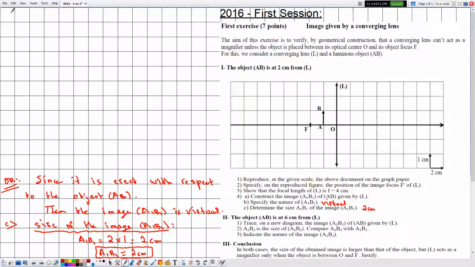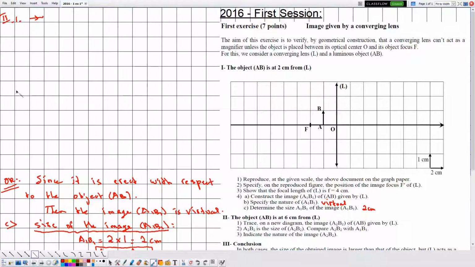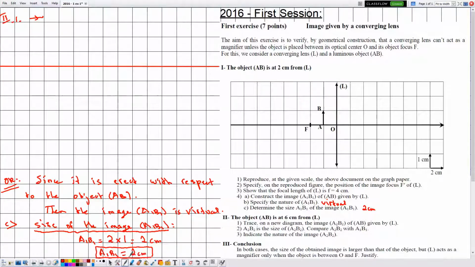Now part 2. Number 1. So as usual, let's take the direction of propagation of light from left to right, then place the optical axis having the same direction. This is x prime, this is x.